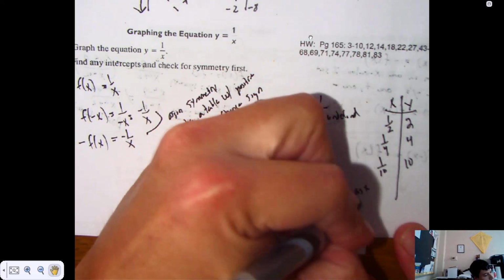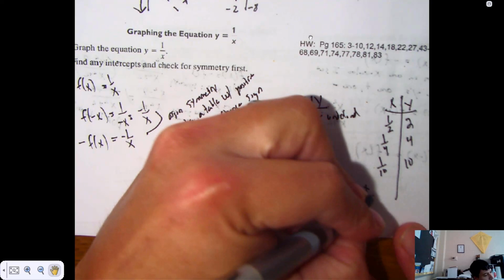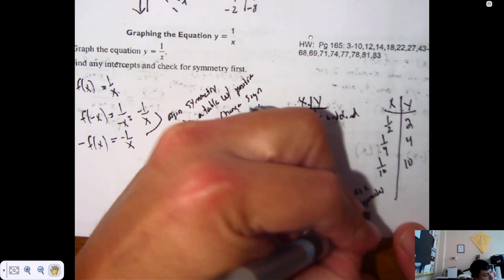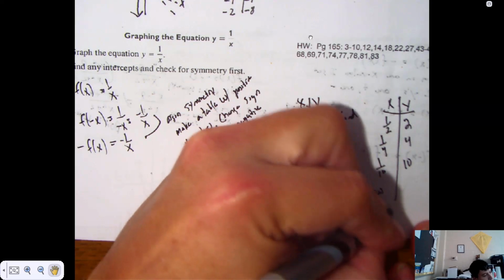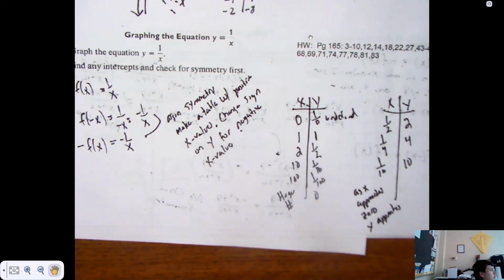Now what's happening as the x values approach 0? As x approaches 0, y approaches what concept? Think about this on the graph. That thing is really starting to ramp up speed and go straight up. What is y approaching as x approaches 0? Infinity.